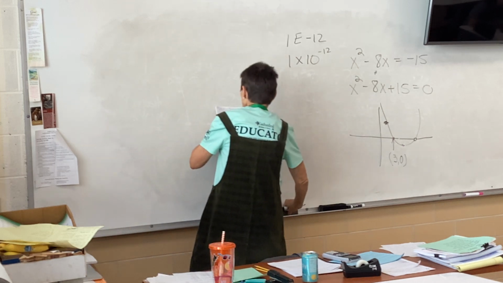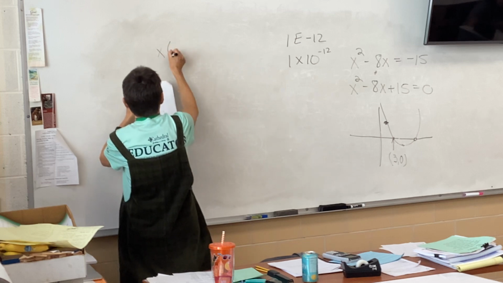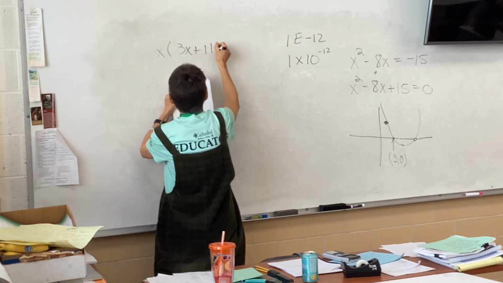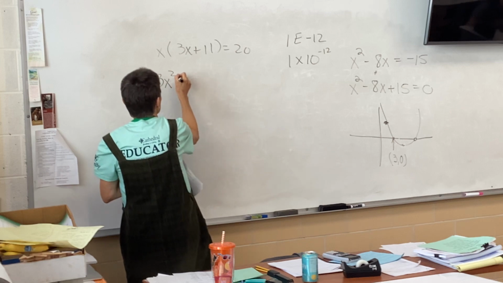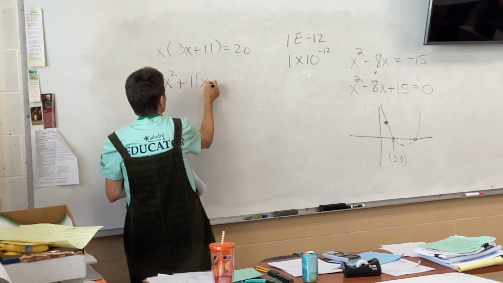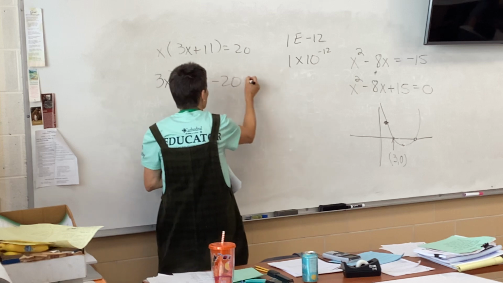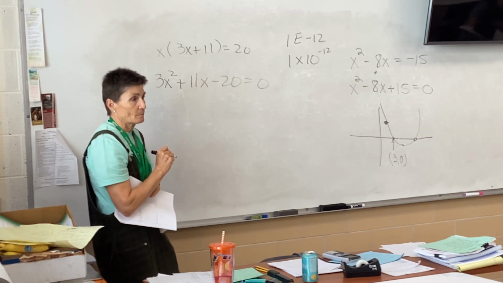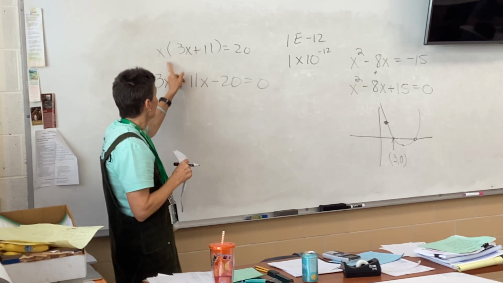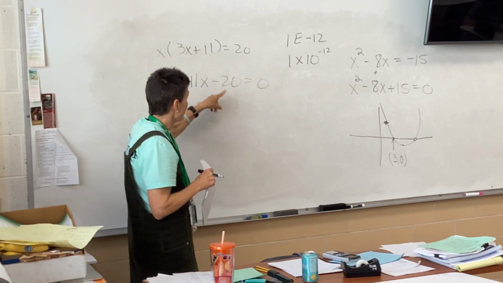So what's the first thing we need to do here, do you think, with this equation? We gotta put it in the right form. So maybe we'll distribute the x and subtract the 20. Does that make sense to everybody? So I did my distributive and moved my 20 over.